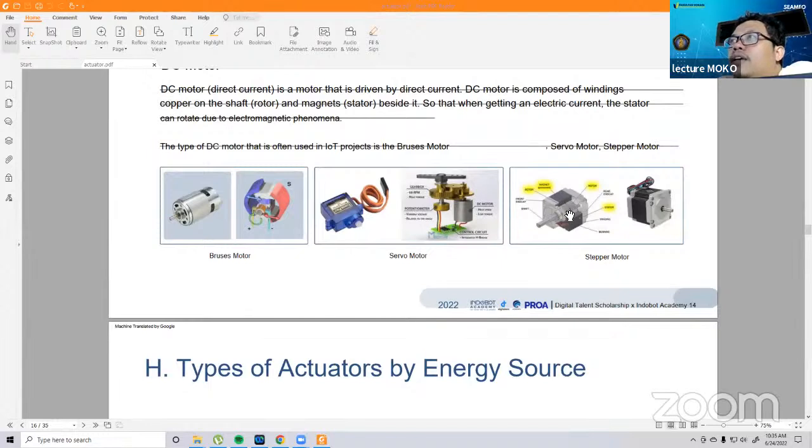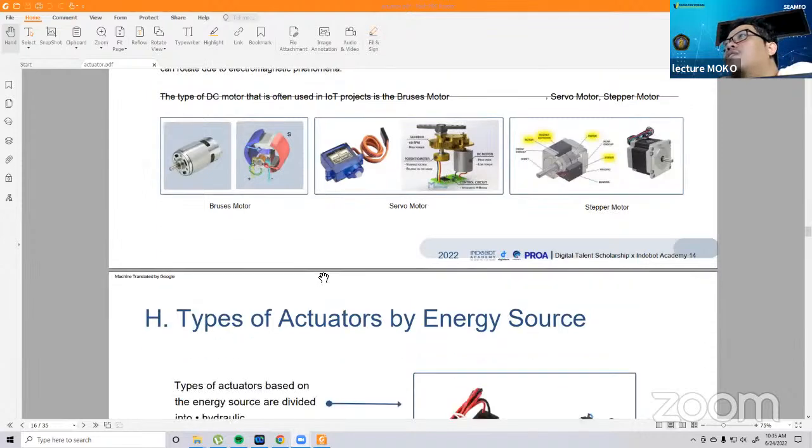It can be used, but you cannot use a brush motor in this case. So they have different functions. Brush motor and servo motor or stepper motor have different functions and different structure. If you look inside these motors, they have a different mechanical structure because the function is different.